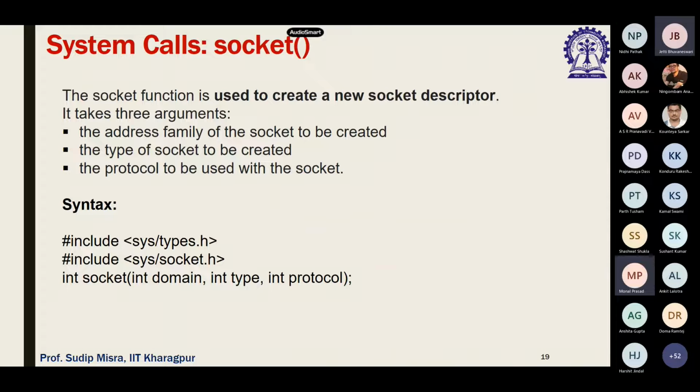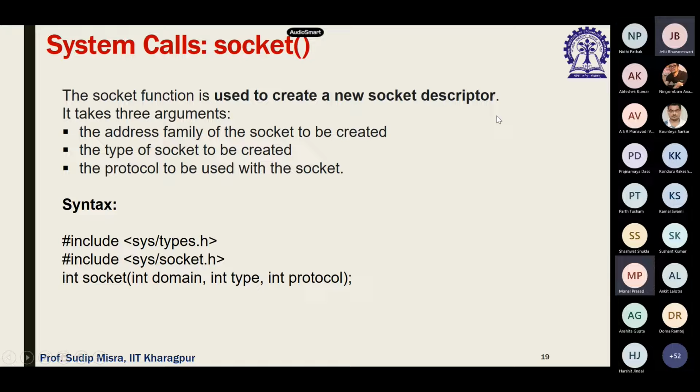What I'm going to show you now is some code snippets, some functions that will be helpful for performing these different functions at the client side as well as at the server side. As we have seen before, we need to create the socket on the server side and on the client side. There is a socket function which is used to create a new socket descriptor.